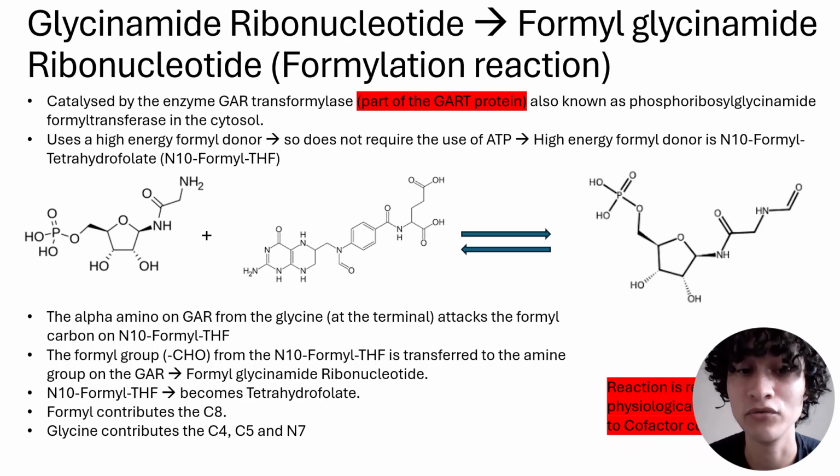Essentially, the amino group on the N terminal of the glycine will attack the formyl carbon on the N10 formyl tetrahydrofolate, and that CHO group is transferred to the amine group, forming formyl glycinamide ribonucleotide. That carbon on the formyl group contributes to the 8th carbon in your purine nitrogenous base, and the glycine contributes to the 4th and 5th carbon and the 7th nitrogen.